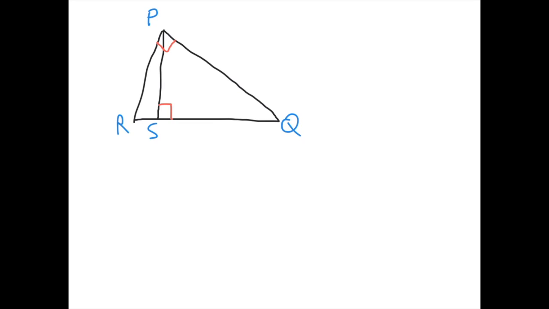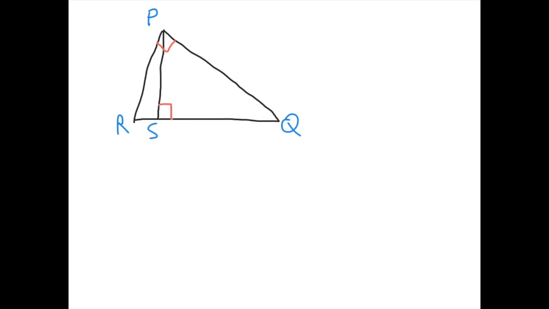The second way that you can use geometric mean in right triangles is to find one of the measures of the triangle, one of the legs.